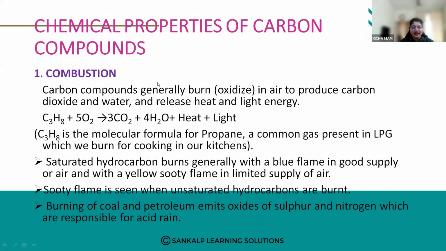Then addition reaction, and then substitution reaction. Now what do you mean by combustion? Combustion means carbon compounds generally burn, that is, they get oxidized in air, and it produces carbon dioxide and water.